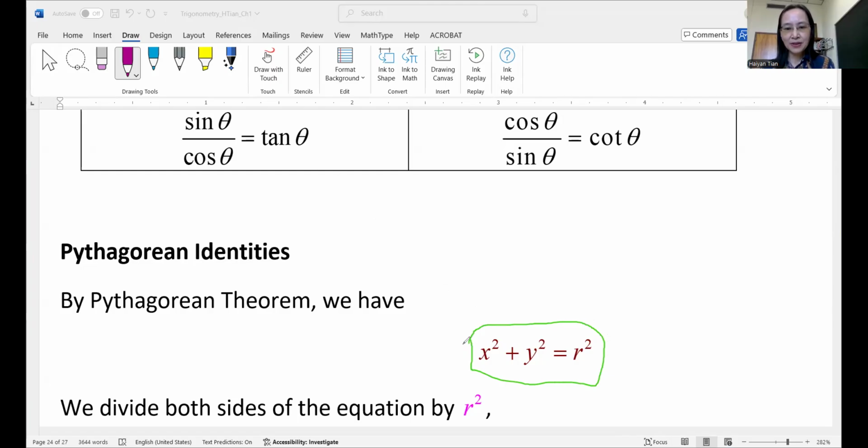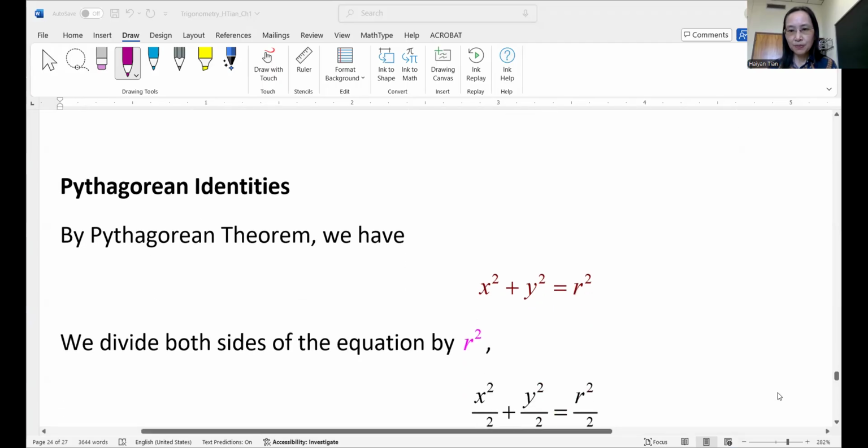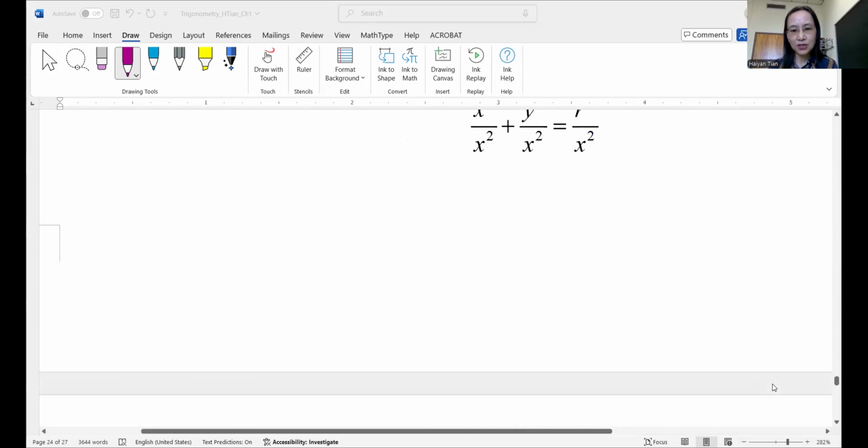That is, for a triangle, we use the Pythagorean theorem. We have this. And because of this, we can derive some identities for trig functions. So let me show you the three Pythagorean identities first.